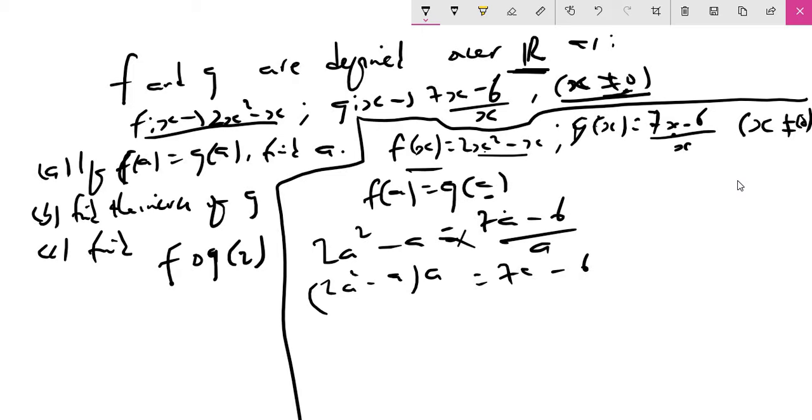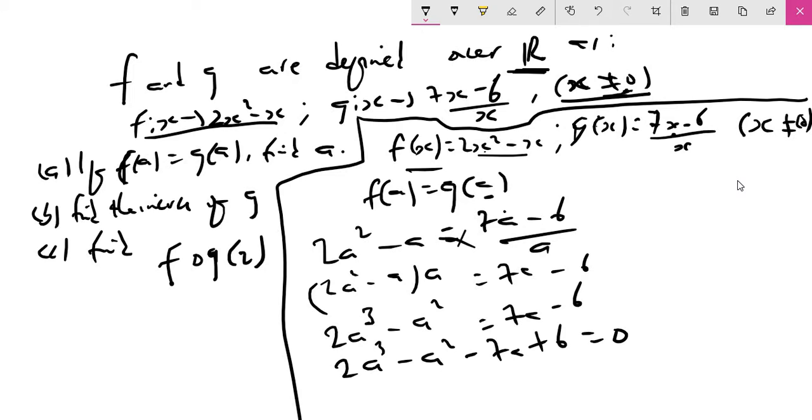So we multiply this out to 2a cubed minus a squared equals 7a minus 6. Now this looks like a cubic function, right? So we basically bring this in: 2a cubed minus a squared minus 7a plus 6 equals 0. And now we solve this like a cubic expression, or cubic function.